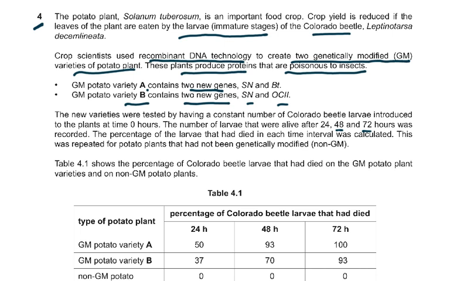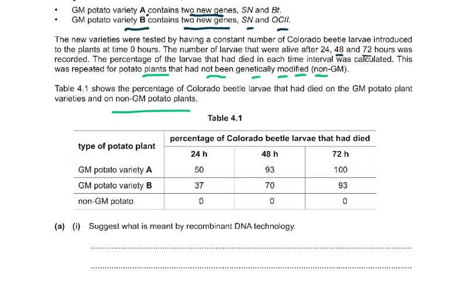The percentage of the larvae that had died in each time interval was calculated. This was repeated for potato plants that had not been genetically modified, the non-GM ones. Table 4.1 shows the percentage of Colorado beetle larvae that had died on the GM potato plant varieties and on the non-GM. So now there's a lot of analysis of data.